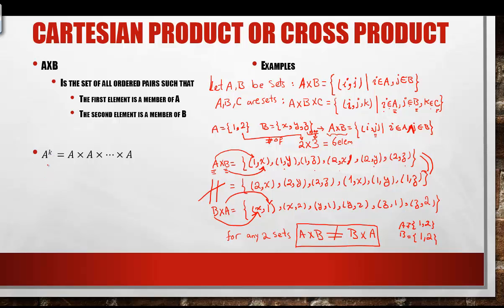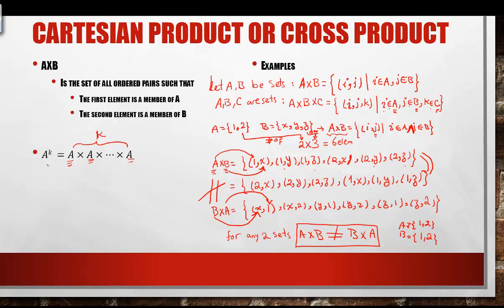Now, if you have the same set that is cross producted with itself a number of times, let's say k times, then we would simplify it with the notation A raised to the k. So A raised to the k means that it is the cross product of A with itself k number of times.